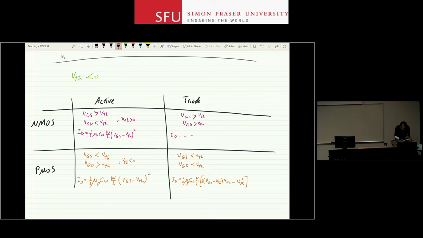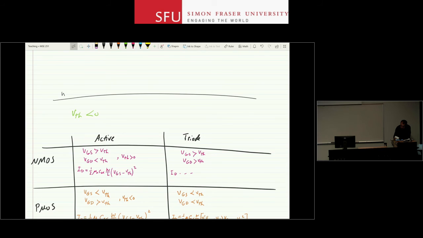Now, the only thing to remember is that you get negative numbers here, right? So VGS is a negative number that is larger than VTH, right? So that VGS minus VTH becomes a negative number. And VDS is a drain voltage that for a PMOSFET is less than the source voltage. So the symbol for a PMOSFET is this, right?